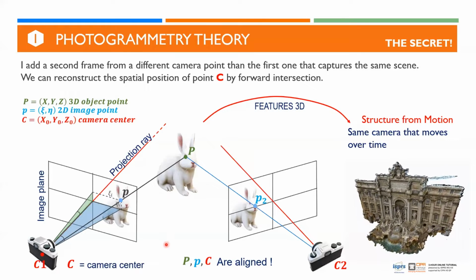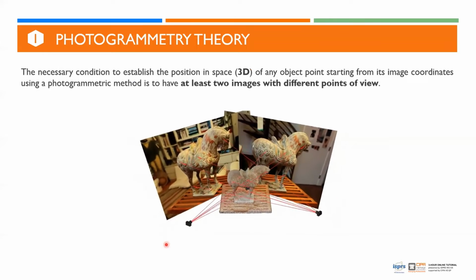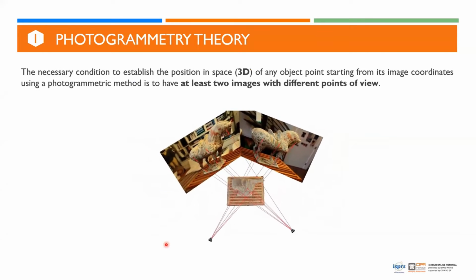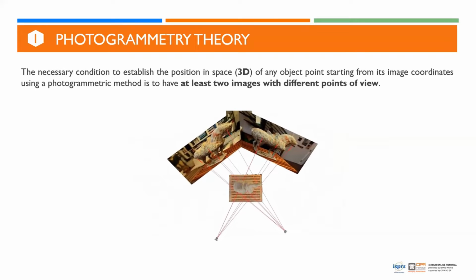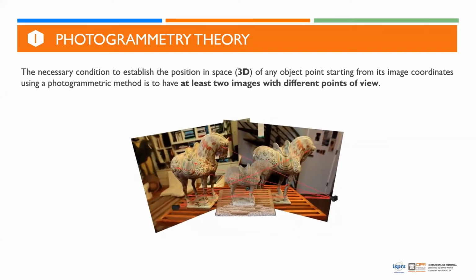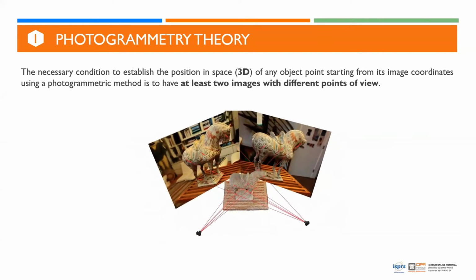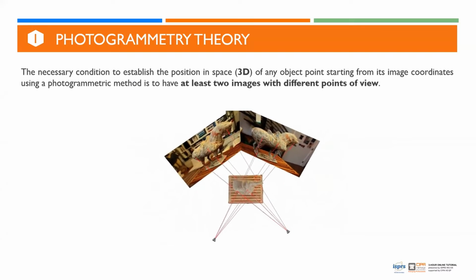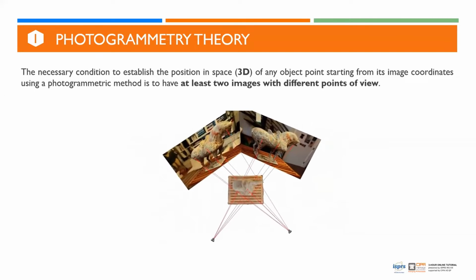So this is structure from motion, and these are the principles at the base of it. As you can see from this video, just to recap, the necessary condition to establish the position in 3D space of any object starting from our image coordinates is to have at least two images taken from two different points of view.